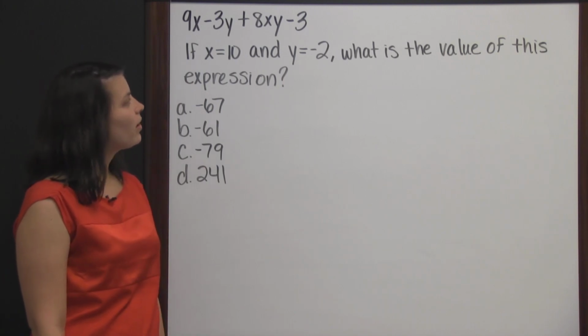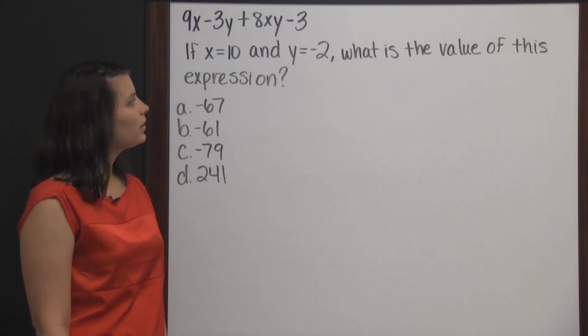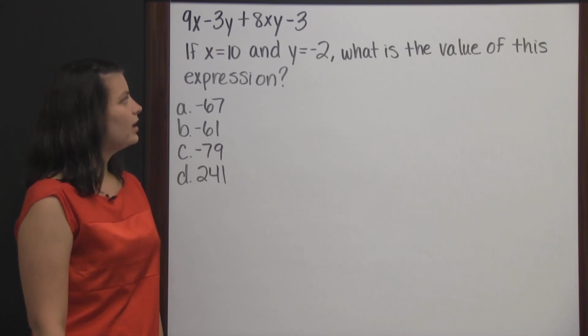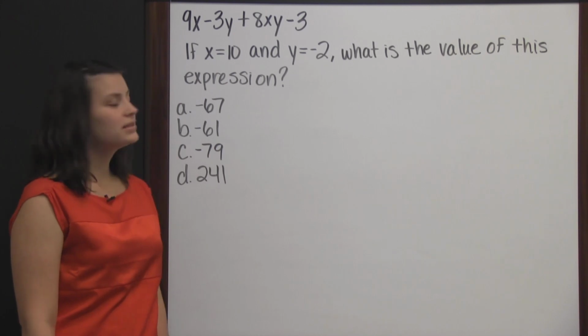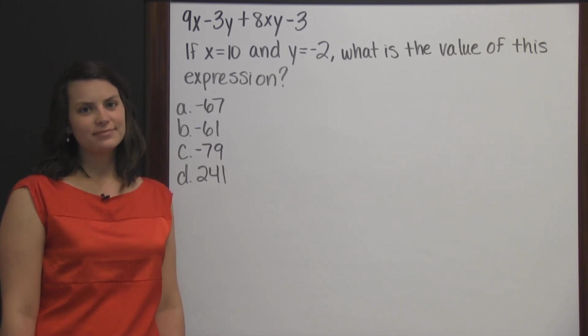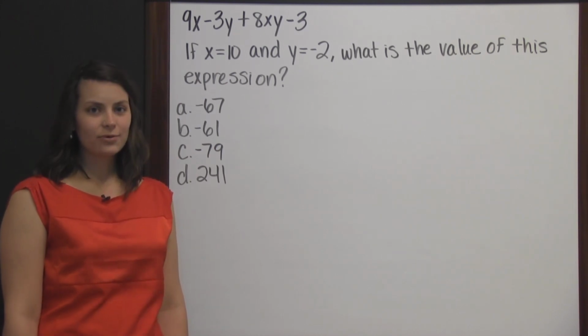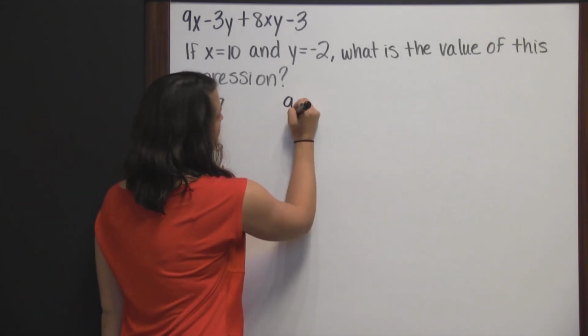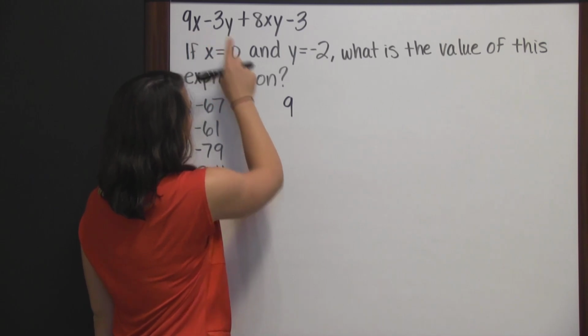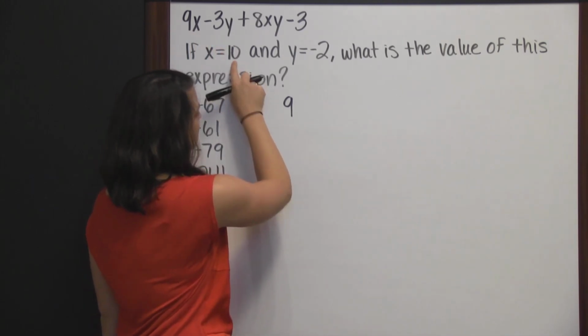9x minus 3y plus 8xy minus 3. If x equals 10 and y equals negative 2, what is the value of this expression? First, we need to substitute. 9 times x, and we're replacing x with 10.